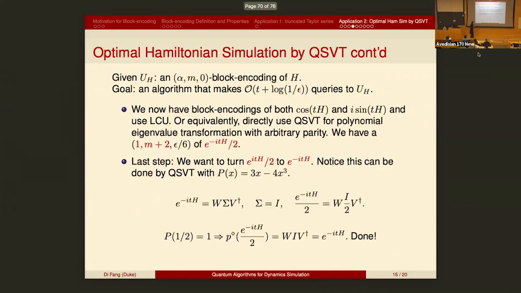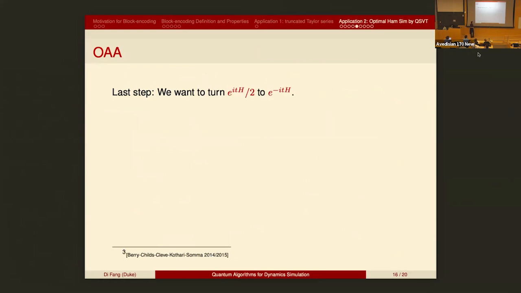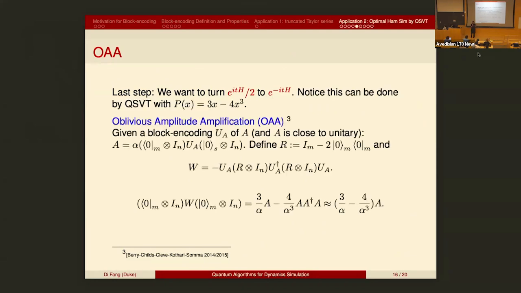By the way, if you do QSVT, since this is a polynomial of degree 3, you expect to repeat the circuit 3 times to get what you want. However, all of this was discovered before QSVT. What they figured is that you can get away with no ancilla qubits and write precisely in this form, and that gave you exactly what I just discussed with you.